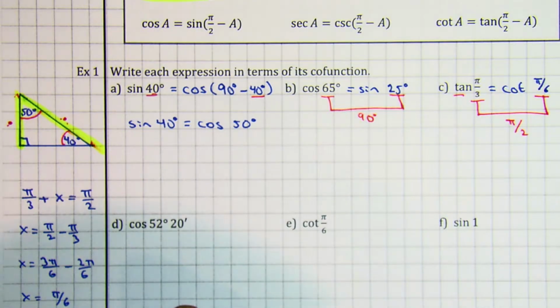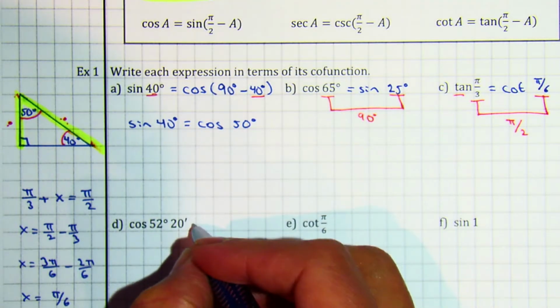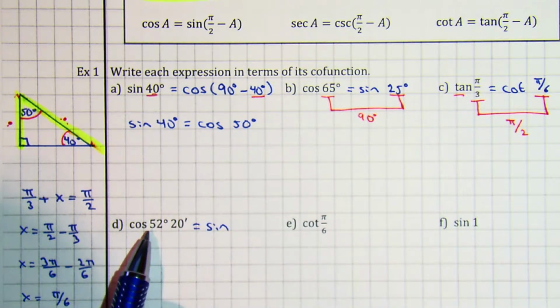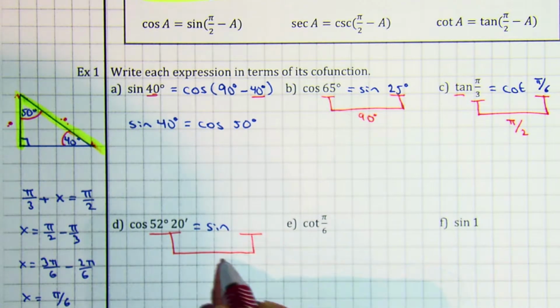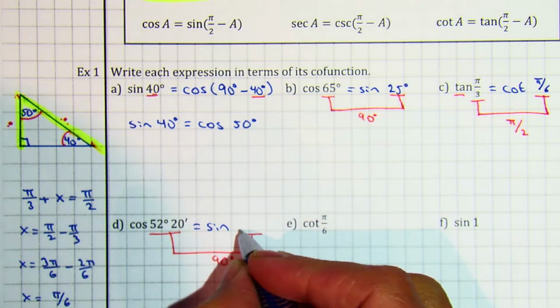Go and pause it. So in this case, cosine is the cofunction of sine. So therefore, what do I need to add to make it equal to 90 degrees? Well, 52 plus one number gives me 90.